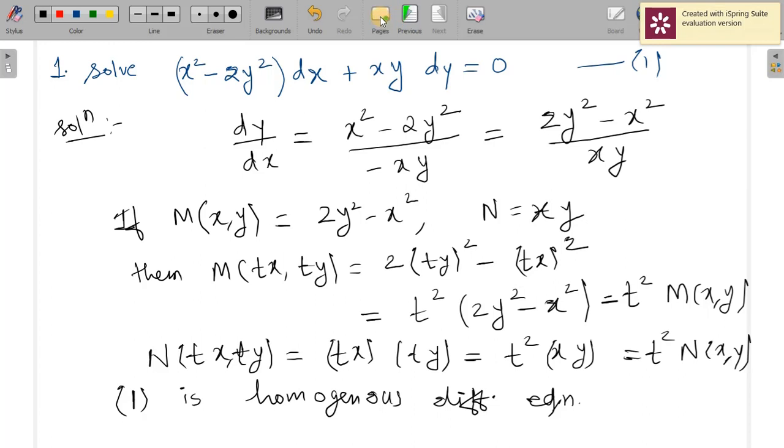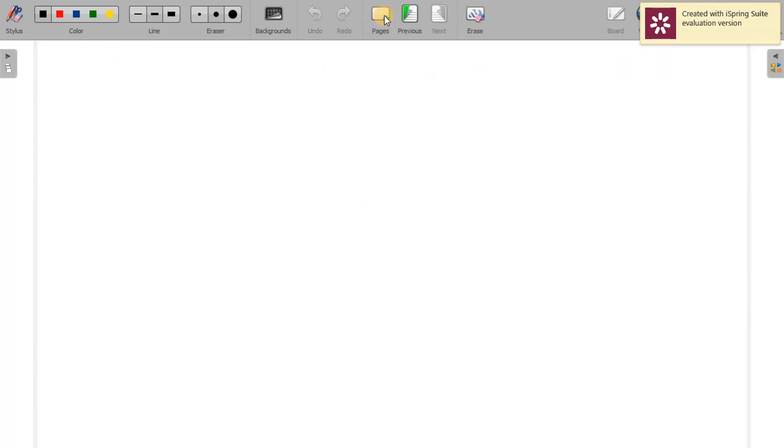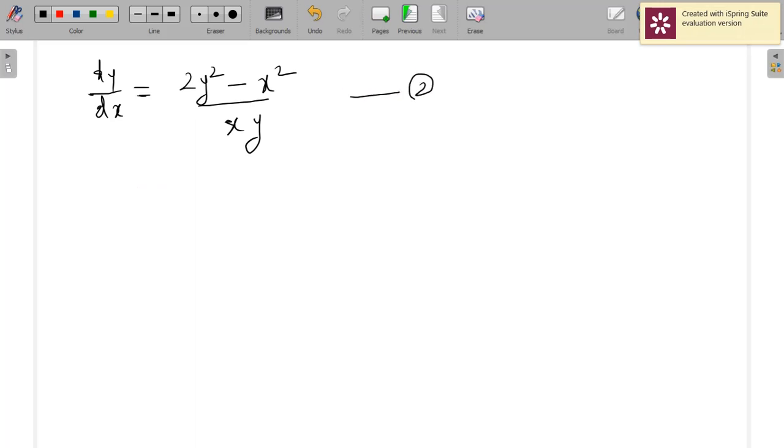So the given differential equation is this. Let me rewrite it here: dy by dx is the same as (2y² − x²) upon xy. I'll call this 2.